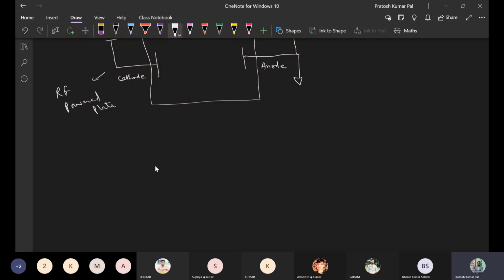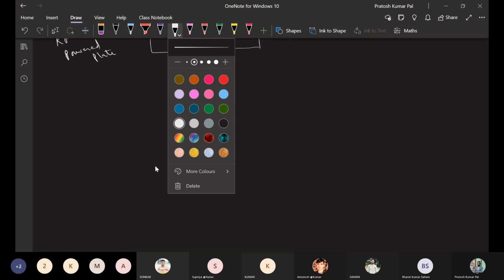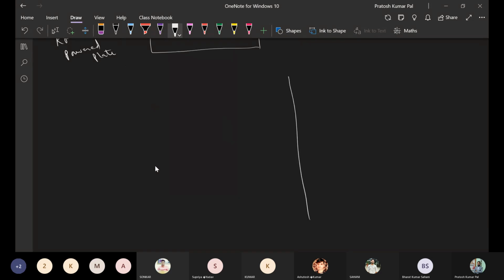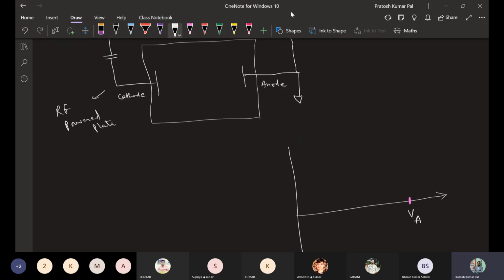There is a curve that defines the point where the anode voltage is. So this is the anode terminal, and this is the anode voltage.